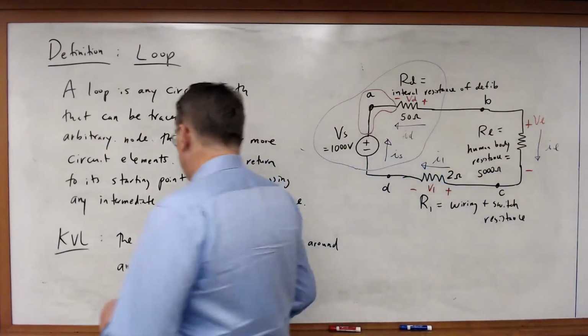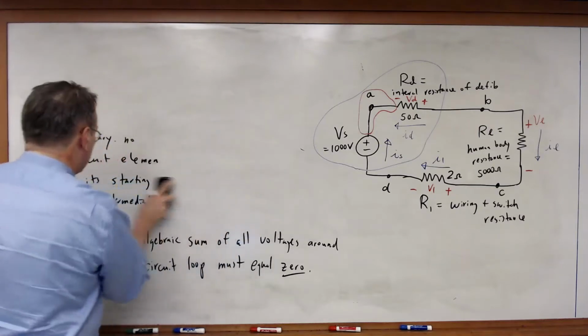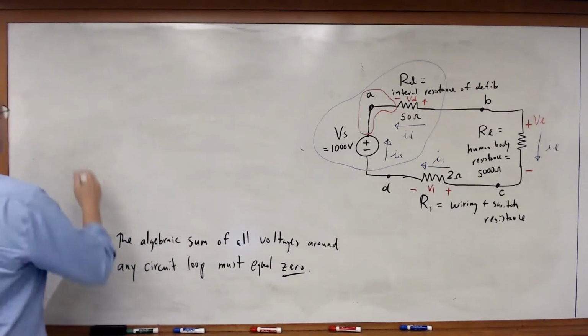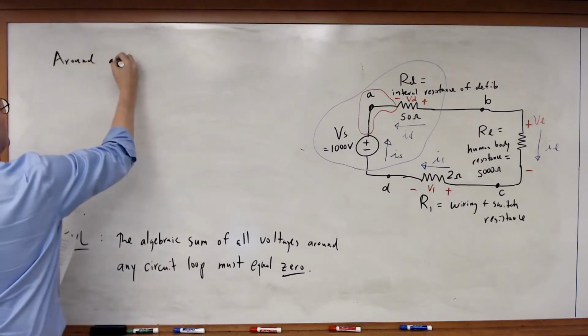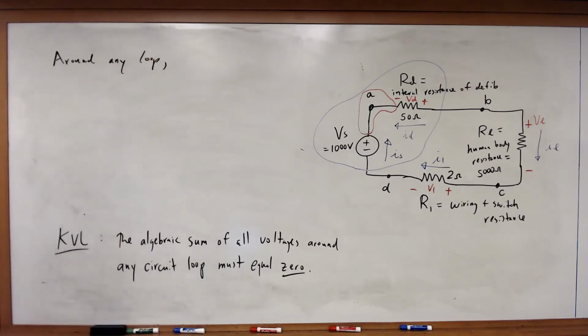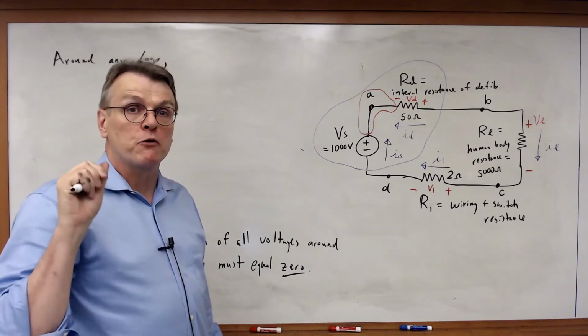Let's write that one down. Around any loop, the sum of all the voltage drops must be equal to the sum of all the voltage rises.